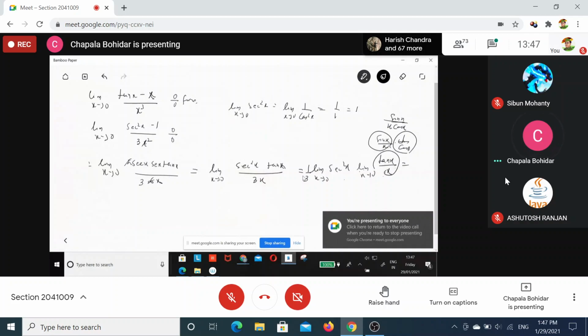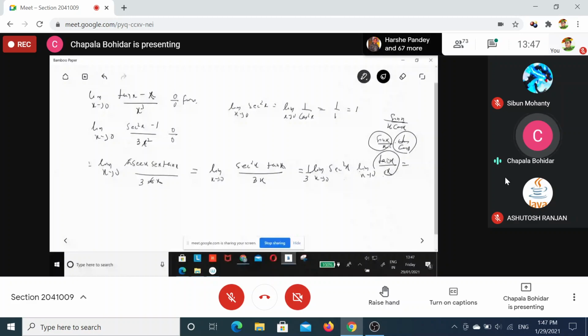It is 1. Clear? Or you can say, as x tends to 0, if you differentiate tan x, that is also 1. Clear to all of you? Ma'am, we can hear now. So you see here, I have written this term in this way: limit x tends to 0 of sec square x, times limit x tends to 0 of tan x by x.